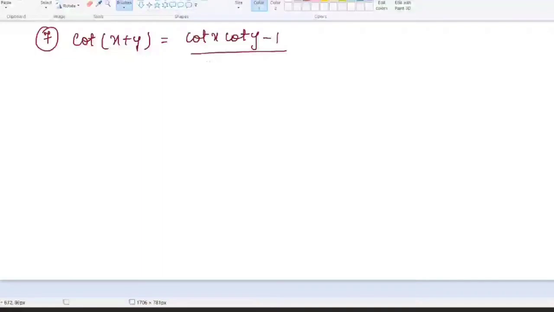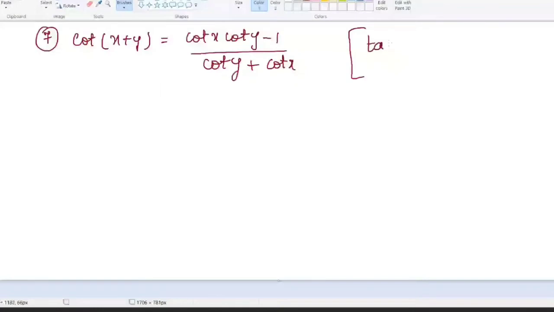The seventh one: cot of x plus y is equal to cot x cot y minus 1 divided by cot y plus cot x. Now, I said I will give you some trick to remember.